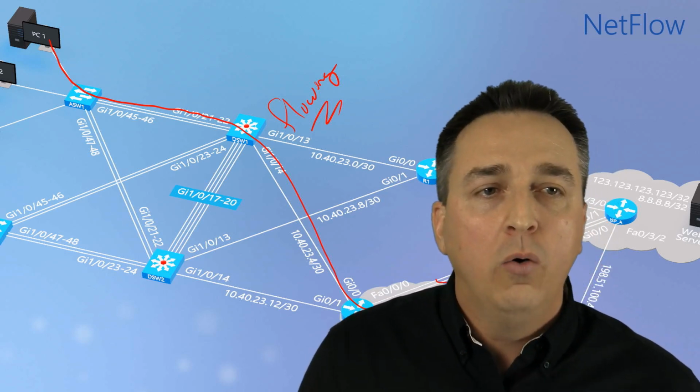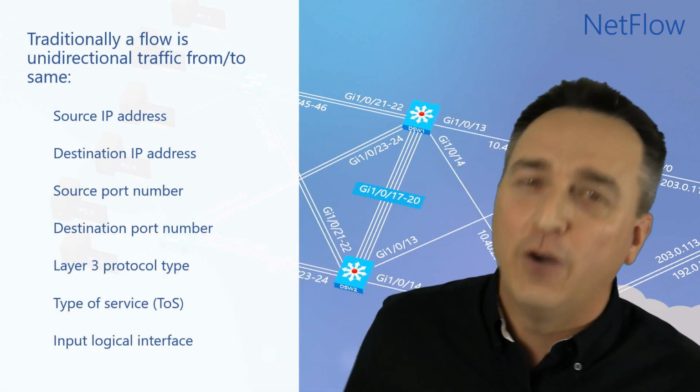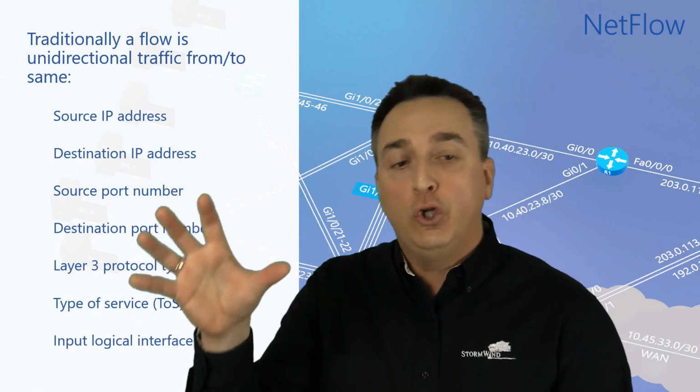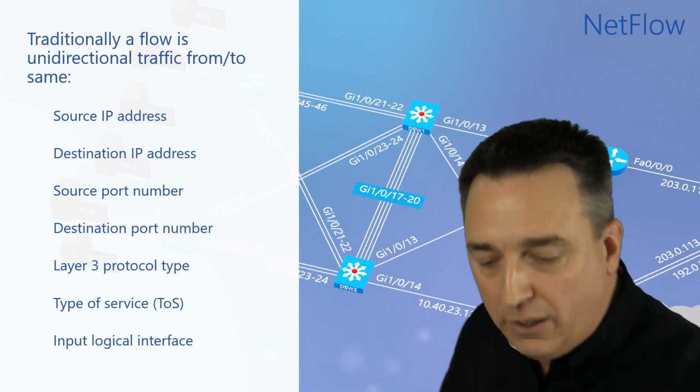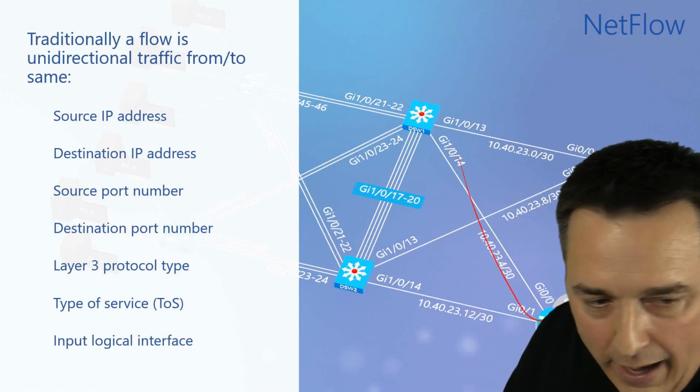A flow is traditionally, and I use the word traditionally because it has changed recently with a new version of NetFlow, but traditionally it is what? It's going to be unidirectional traffic. So when we say unidirectional traffic, traffic going one way, right?